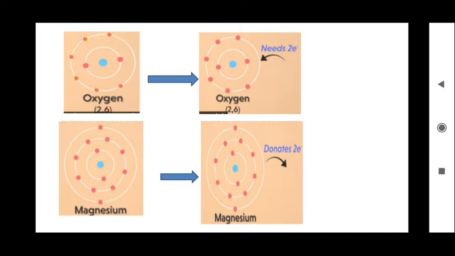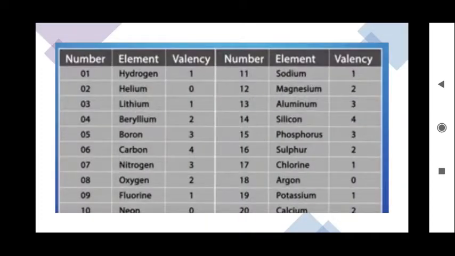That L shell already has 8 electrons, hence it becomes stable. So either an atom may accept electrons and become stable, or it might donate electrons and become stable. Depending upon how many they need, they will accept or donate. Hope now you have understood valency, students.